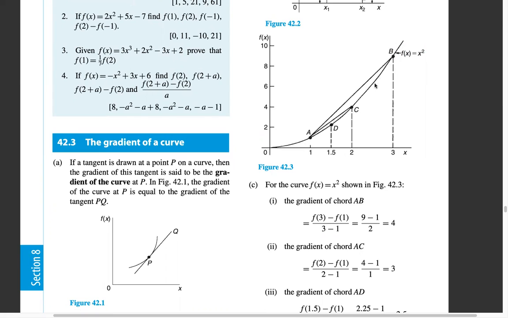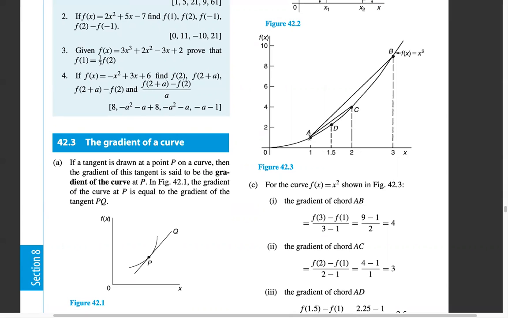But as B gets closer, say it reaches point C, the gradient of the chord changes. As C gets closer to A, say point D, that gradient AD changes. The closer the point gets to A, the gradient of the chord from A to the point gets closer and closer to the gradient at the point A. That's the idea.